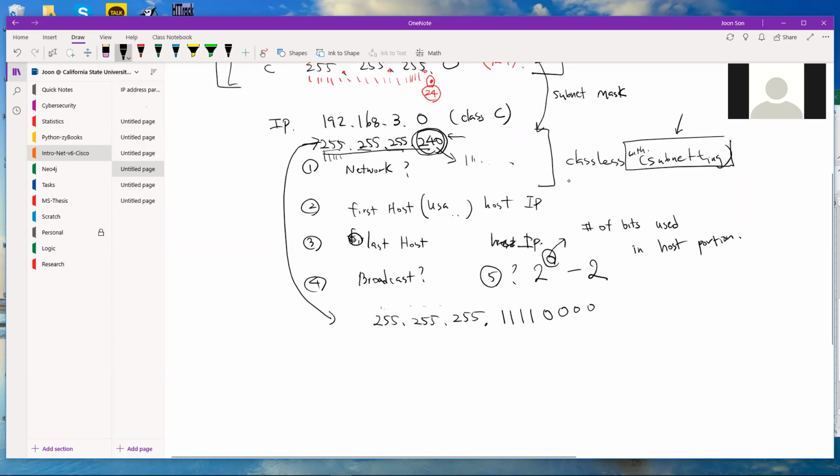So this means what? If I use a slash notation, by the way, the IP address given is 163.3.0, right?